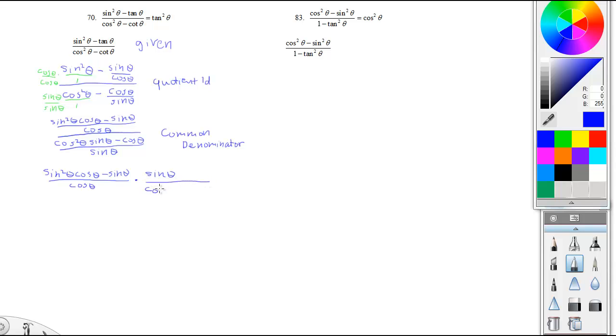I can tell I'm on the right track because I have a sine theta over a cosine theta, which I know is equal to tan theta, and I'm trying to get to tangent squared. So I think things are moving in the right direction, even though this still looks very complicated.